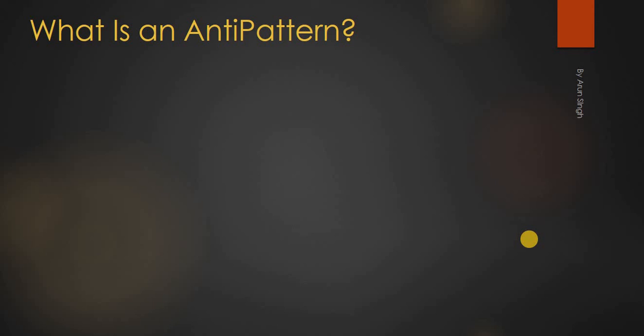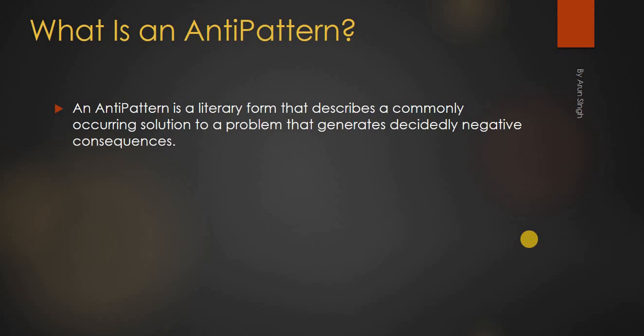When we talk of design patterns, there is also a need to talk about anti-design patterns. Why is it used? Let me talk about it. An anti-pattern is a literary form that describes a commonly occurring solution to a problem that generates decidedly negative consequences. Let me repeat this: that generates decidedly negative consequences.